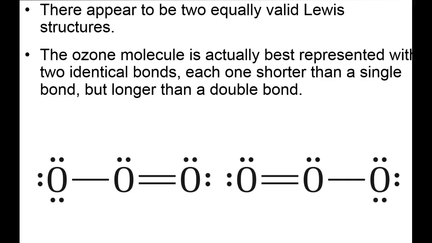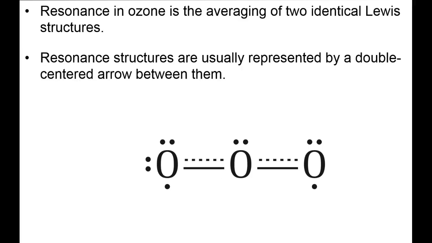It's going to look like this. It doesn't quite have a double bond; it's somewhere halfway in between for the oxygens. So they put an arrow between it.